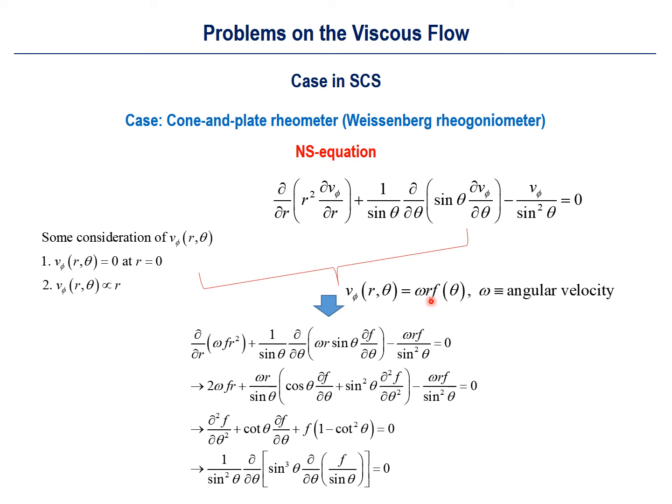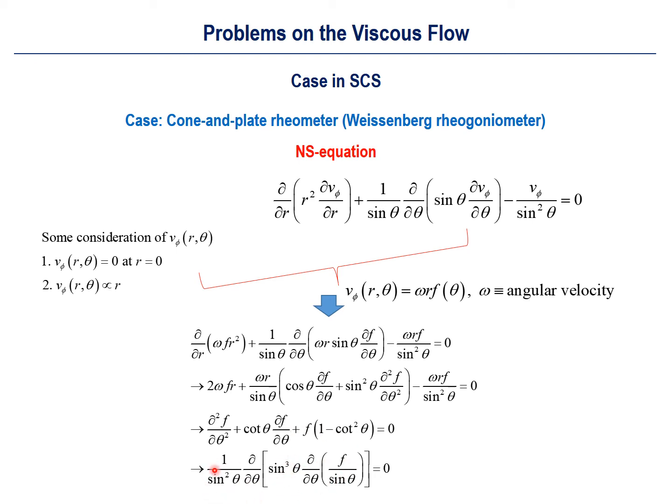Using this first relation and inserting this equation into the simplified version of the Navier-Stokes equation in SCS, we can obtain the second order ordinary differential equation as shown in this line here. And using some mathematical tricks, it is possible to derive some complicated trigonometric combination as shown in the final differential equation here.